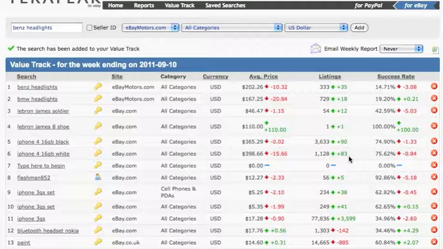However, when I compare listing volumes, the listings are about a third on the white model versus the black model. So therefore, these statistics show me changes over time and allow me to find out that white models sell at a higher margin but on lesser volume. So therefore, again, ValueTrack can update critical statistics to the seller on a weekly basis to empower the seller to make critical management decisions.